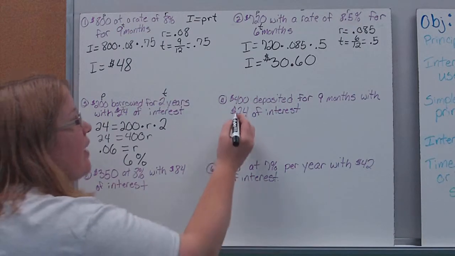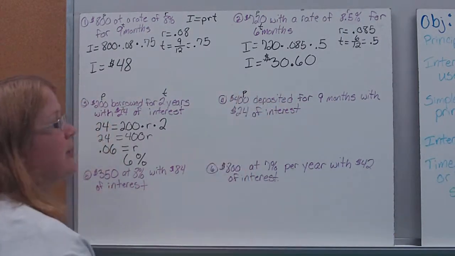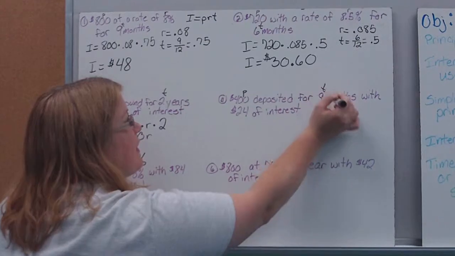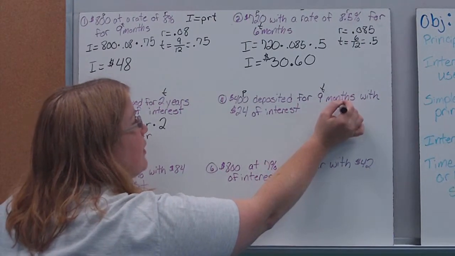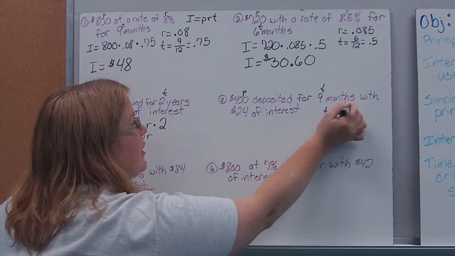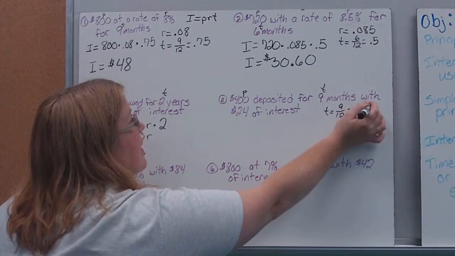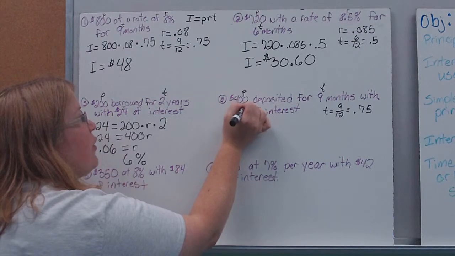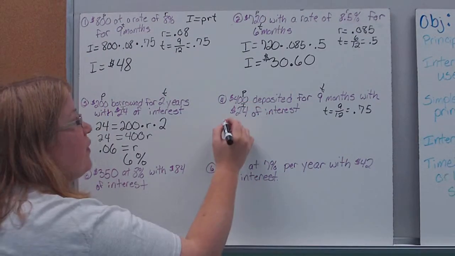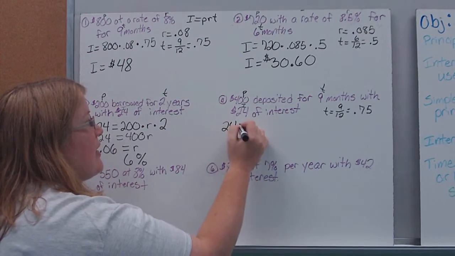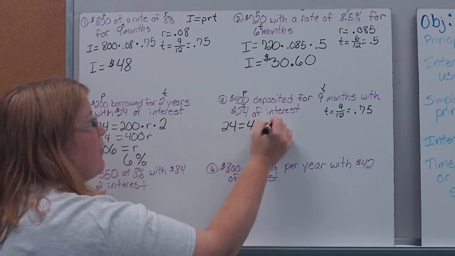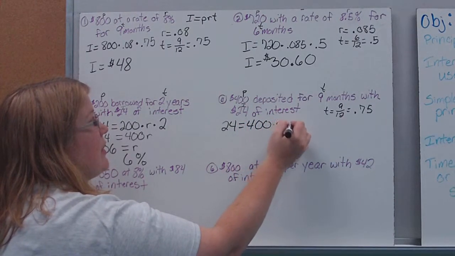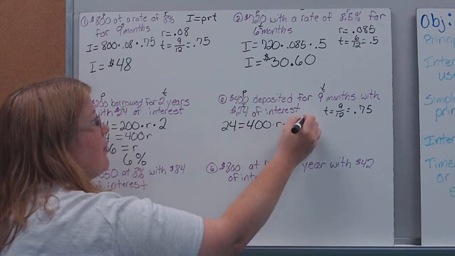So same thing here, $400 deposited, that's my principal. 9 months is my time, however, remember we want it to be in years, so I'm going to write it as 9/12, which is 0.75. And $24 of interest. So again, they've given me my interest, and again, it is my rate that I'm missing. 400 times the rate times the time.